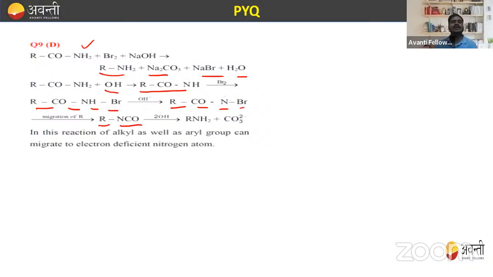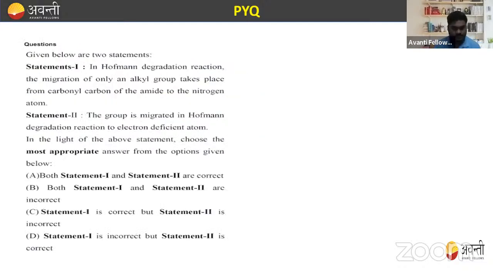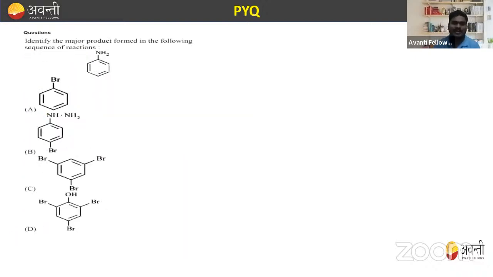So in this reaction, an alkyl as well as an aryl group can migrate to the electron deficient nitrogen atom. So statement 1 is not correct because it says migration of only an alkyl group. It is not true; migration of an aryl group also takes place. So statement 1 is incorrect, but statement 2 is absolutely correct. So the correct option for this question is D.